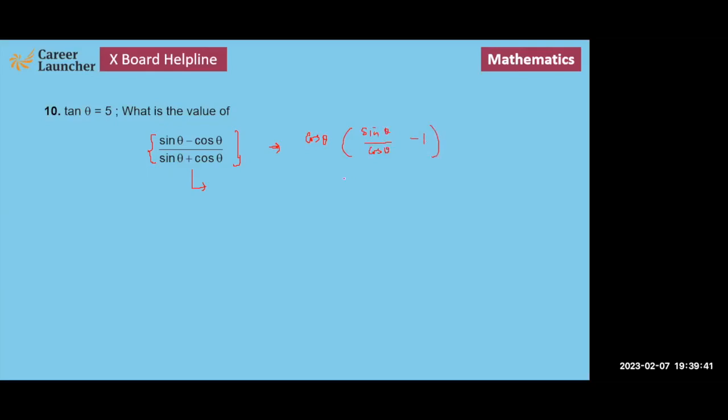I can write the numerator in this form. If I take out cos theta common from the denominator, I can write it as sin theta by cos theta plus 1. So this gets cancelled out because this is not equal to 0, because tan theta is 5, cos theta cannot be 0. Hence, we can write this expression as tan theta minus 1 by tan theta plus 1, which is equal to 5 minus 1 by 5 plus 1, which is equal to 2 by 3.